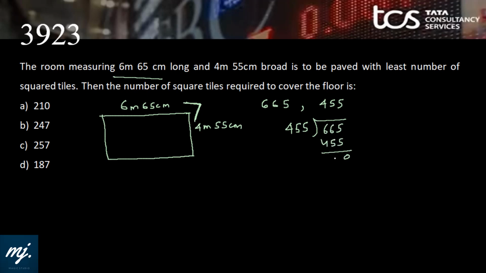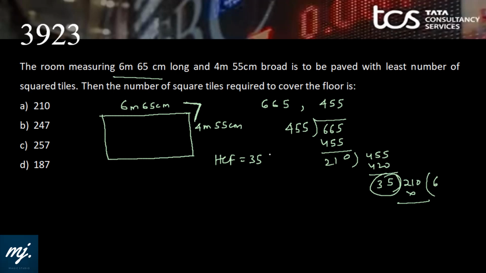455, 1 times 0, 1, 210, 455, 420 twice, 5, 3, 35 will go with how many times? 2, 3, 6 times. That means we get 35. HCF is 35.